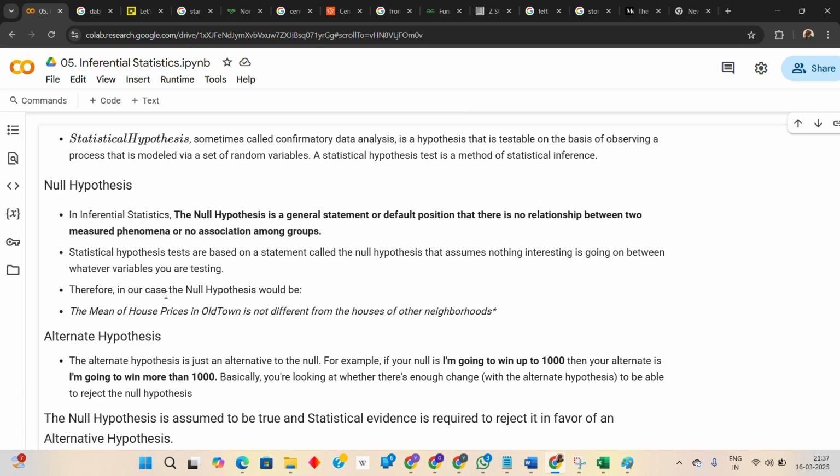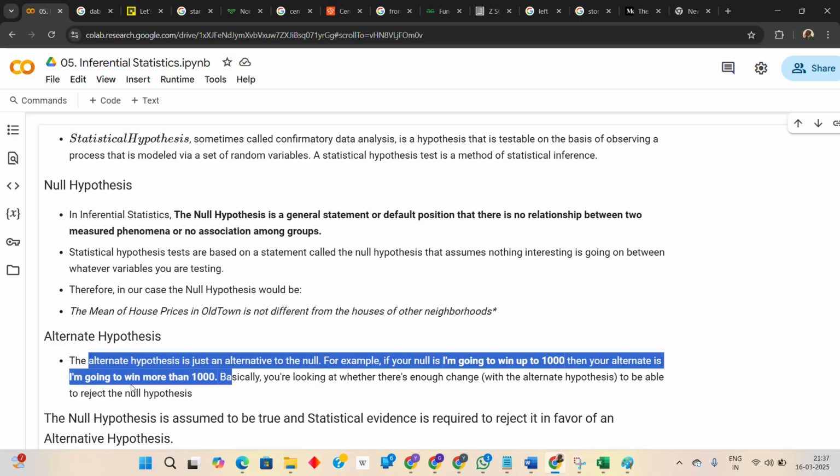Let us consider an example: the mean of the house prices in Old Town is not different from the houses of other neighborhoods. This is the statement I made. If this is really true, then the null hypothesis is true. If not, then the alternate hypothesis is true.